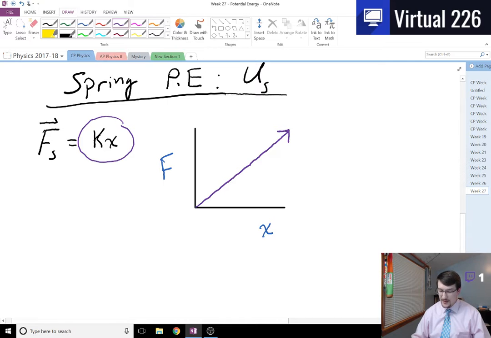The reason being is that for each piece we move over on the x-axis, it gets harder to pull the spring. At some point you're really trying to pull that spring, but it's just too much, and it pulls you back.